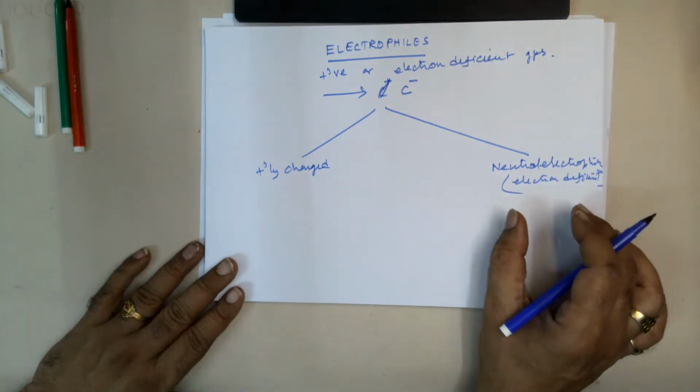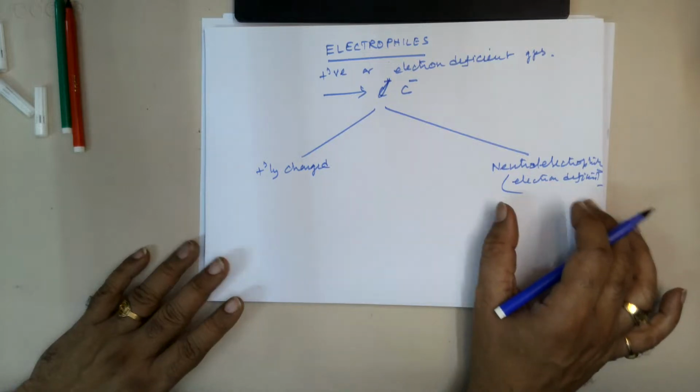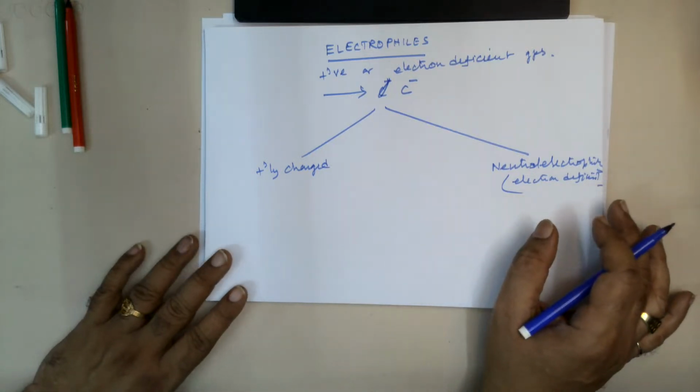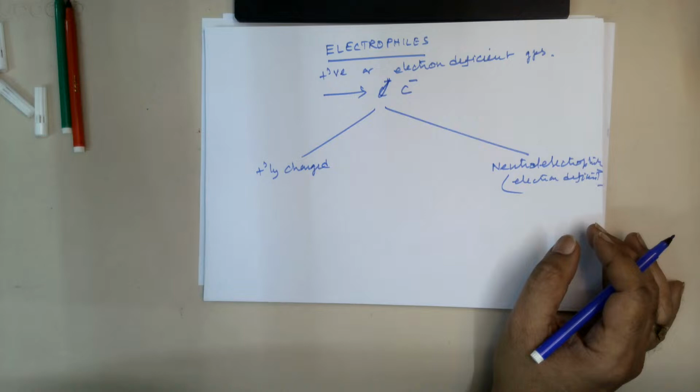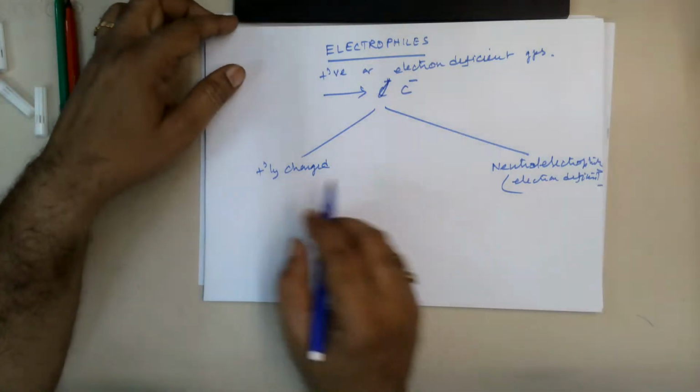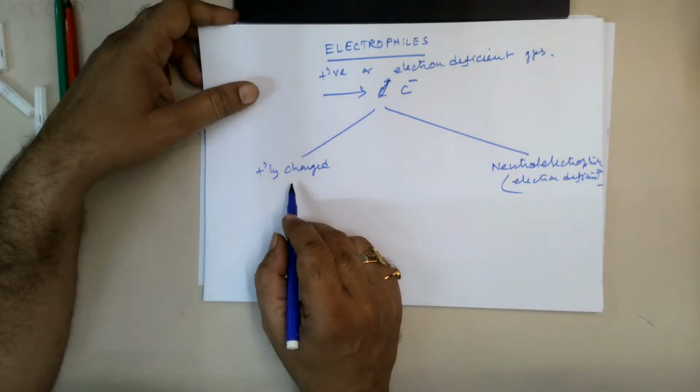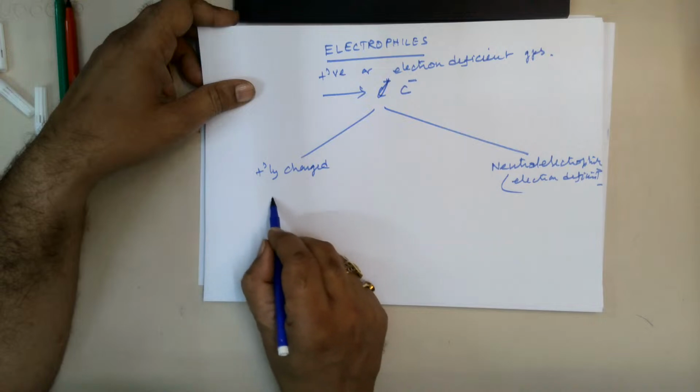Of course, no charge is involved, but there will be some electron gap, you can say, electron deficiency. Here, carbocation itself, R plus.